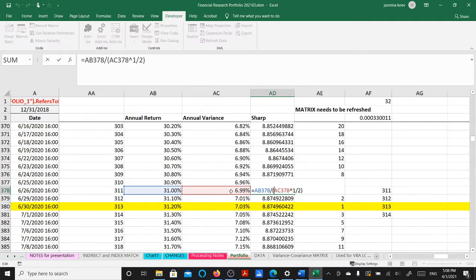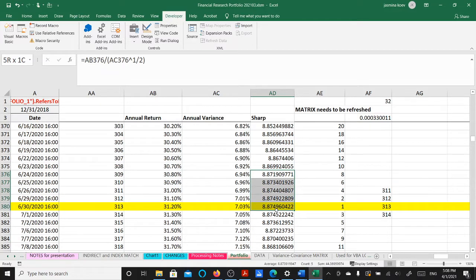This is a variance, so I'm taking the square root of the variance to get the standard deviation, and whatever gives me the highest ratio, something equivalent to the Sharpe ratio, are the portfolios that I'm calling the most efficient. The most efficient portfolio is portfolio 313.